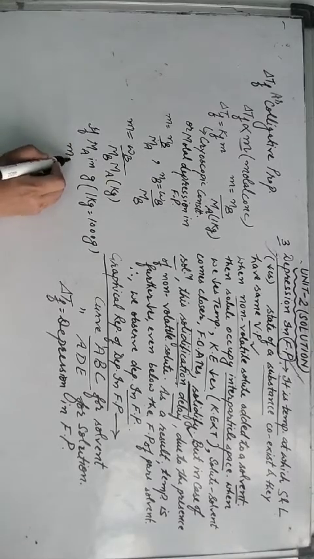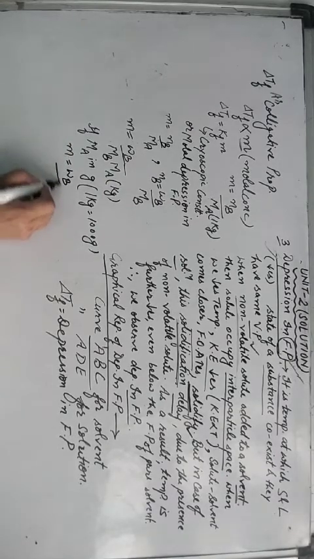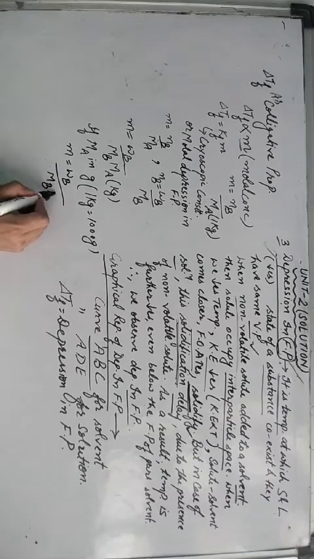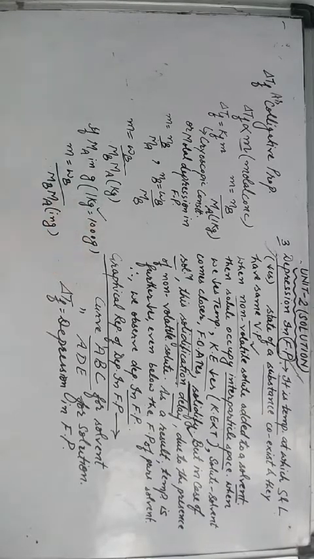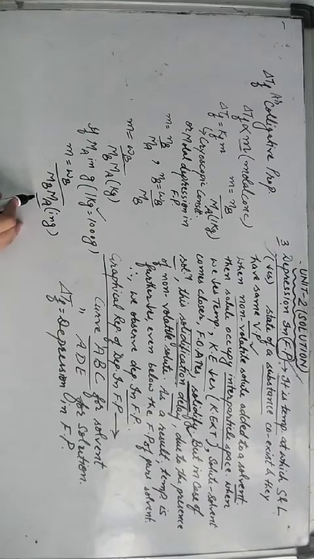Here m is equal to Wb upon Mb, Ma in gram divided by 1000.